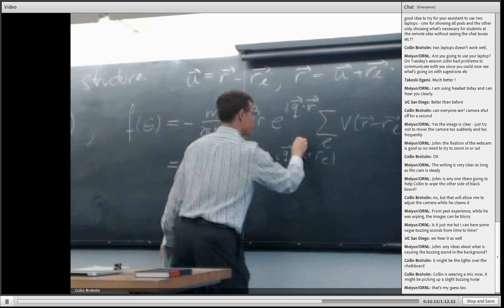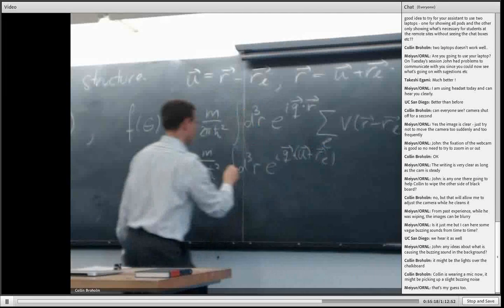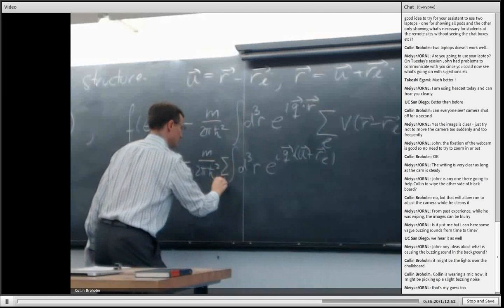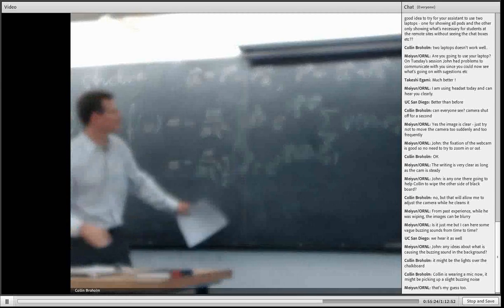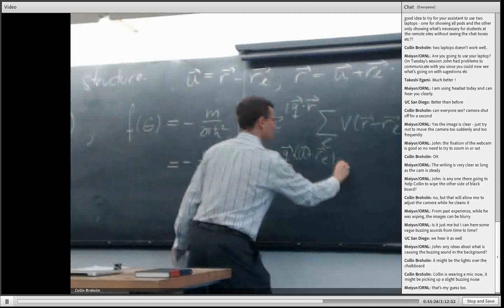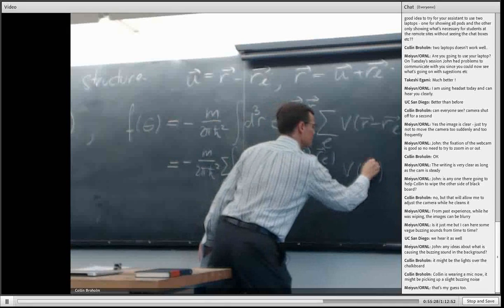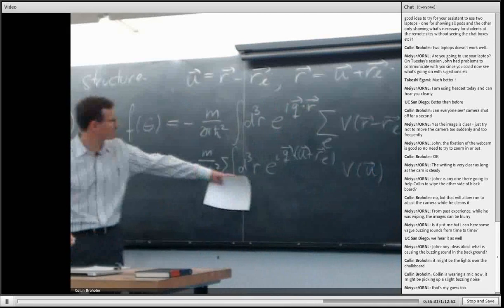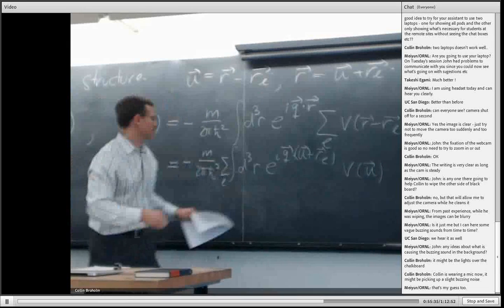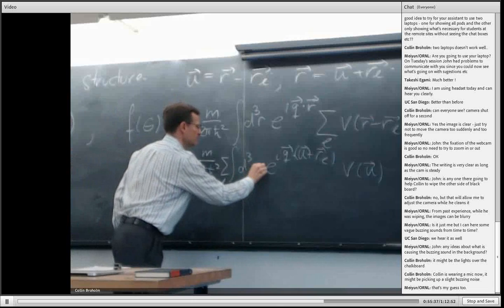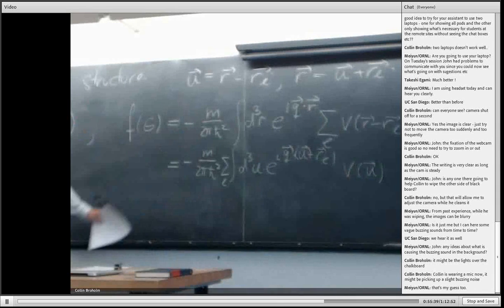And here I have to be careful because I need my summation over L. I'm going to have to switch those. So that's that one. And then comes my V, which is now just a function of that u vector. And the integration, I still wrote it over r, but since those are just shifted with respect to each other and it's a complete integral over space, I can just change that to a u variable.